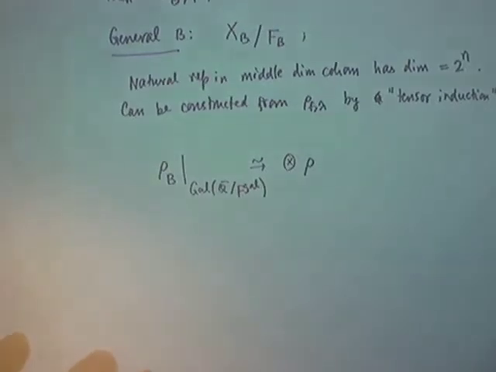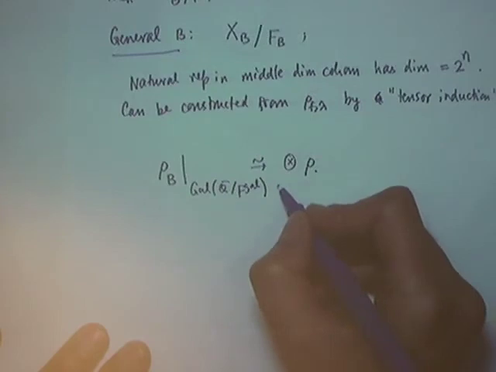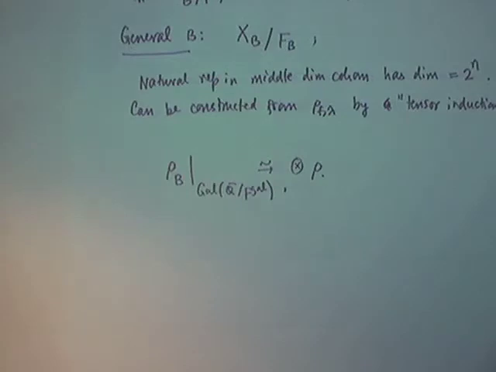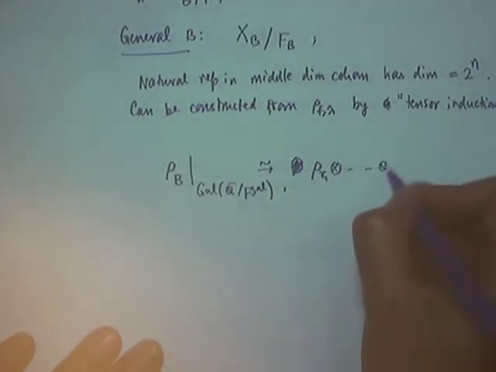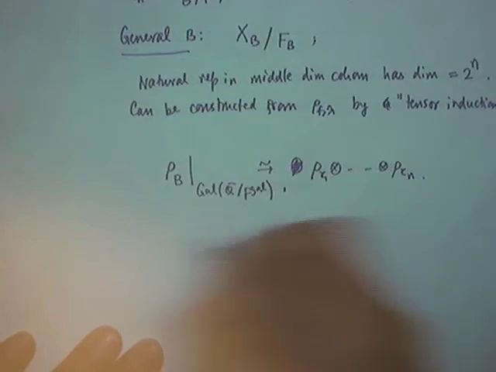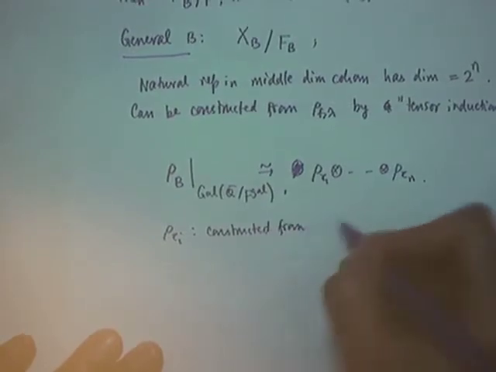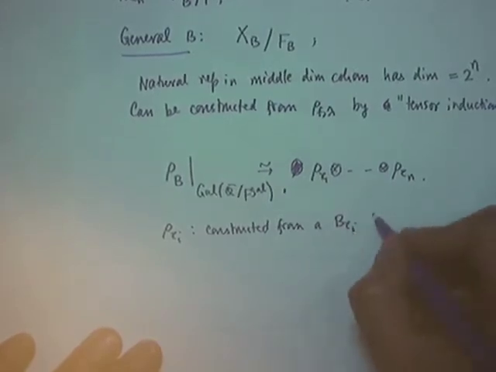So this is the tensor product over, so B, remember, is split at a bunch of Archimedean places, tau 1 through tau n, right? So I'm going to call this rho_tau_1 through rho_tau_n, where rho_tau_i would be constructed from, let's say, a B_tau_i, which is split at tau_i and ramified elsewhere.